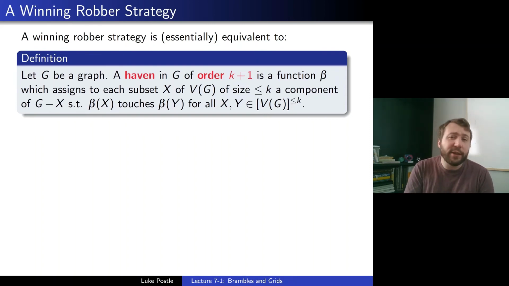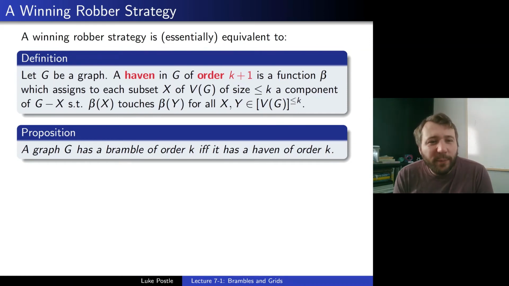Some vertex, but equivalently a component to be in. And then they need to be always touching, so that they can always get from where they are when the cops are in position X to where they want to be when the cops are in position Y. We won't go through that, but essentially that's what it's equivalent to.